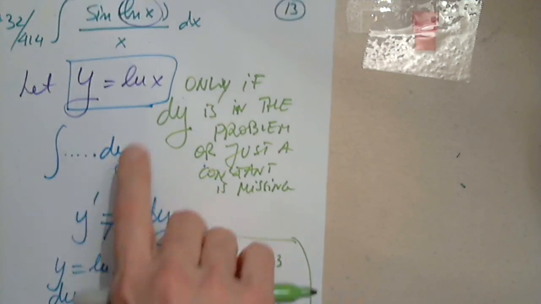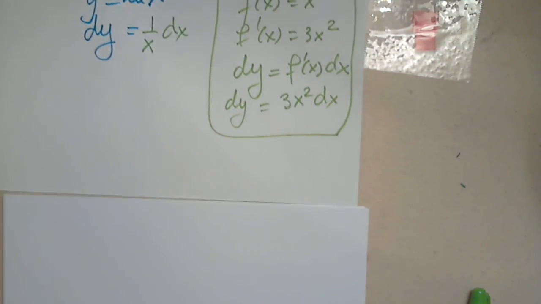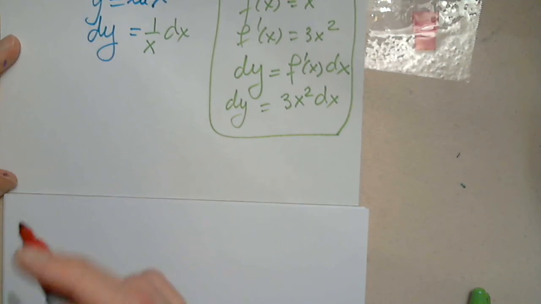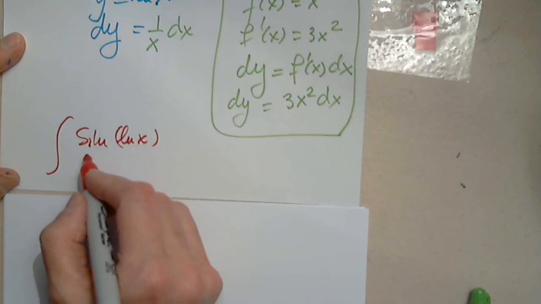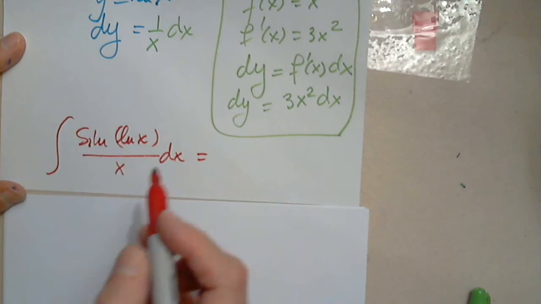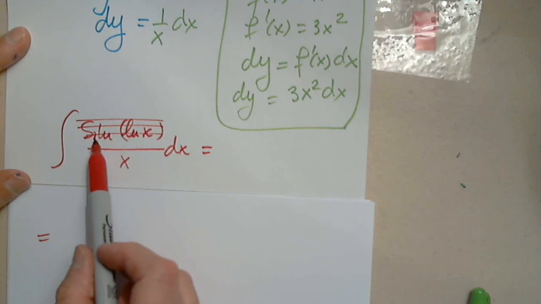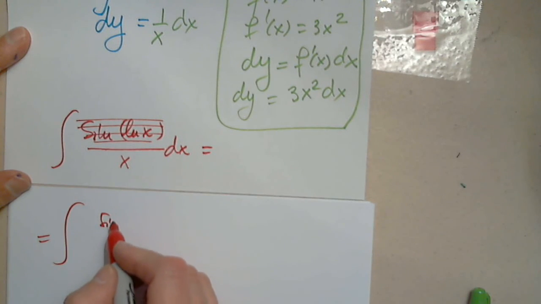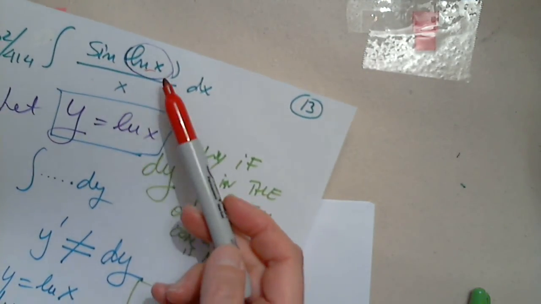Now, is this piece in the problem? Yes, it is. I'm going to start from the beginning and write it one more time. So the integral of sine of natural log x divided by x dx. Now, this is sine y. I hope you agree, because I denoted y as natural log x.